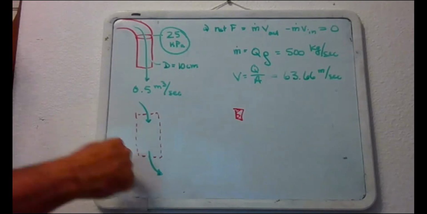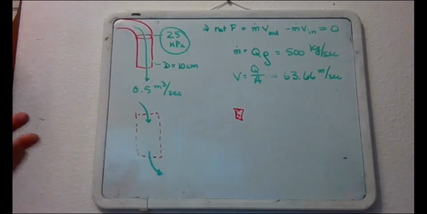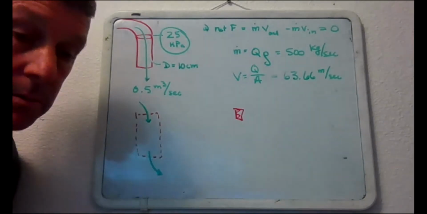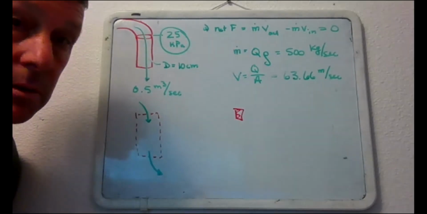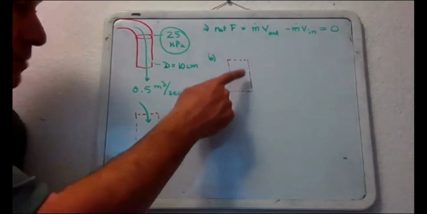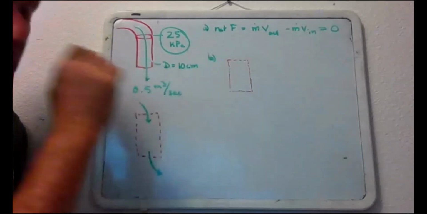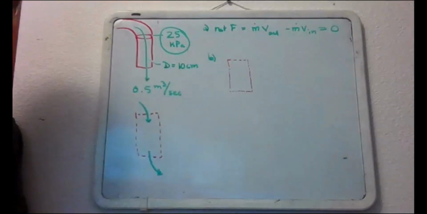Let's do a free body diagram of this and think about all the different forces actually acting on it. In this case, we're just going to do vertical forces. So this represents the boundary of the water, and there's water inside there at any particular time.